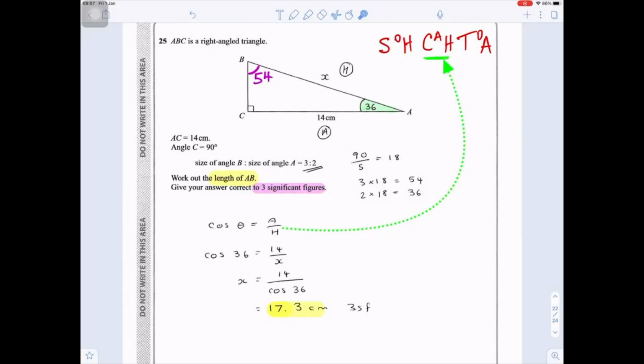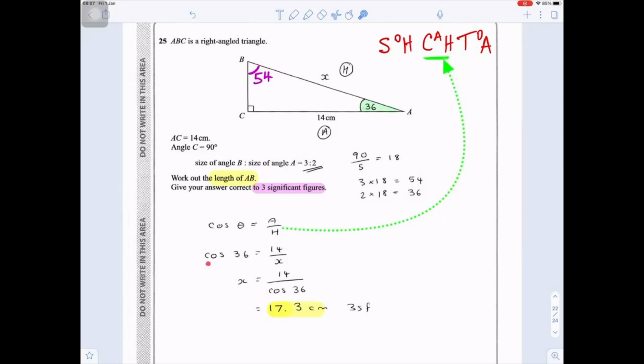So what we want to do is look at the cosine of that angle. We can use SOHCAHTOA, the formula at the top right hand side. Cosine of an angle is adjacent over hypotenuse.